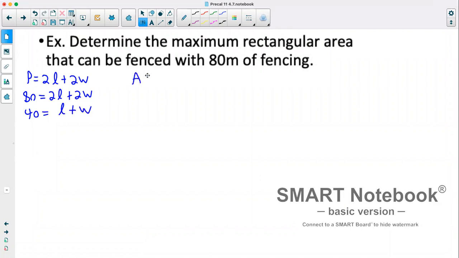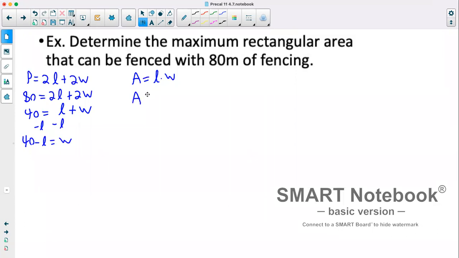And then we have our area as length times width. Now, we've got 2 variables here, but we can reduce that to 1 by isolating for 1 variable here. So I, for example, could move the length to the other side by subtracting it from both sides. So I have 40 minus my length gives me my width.